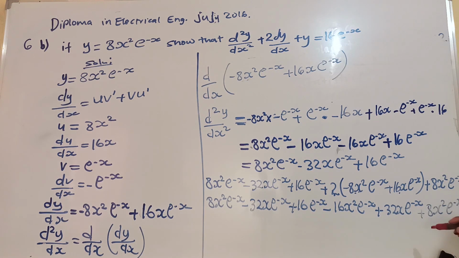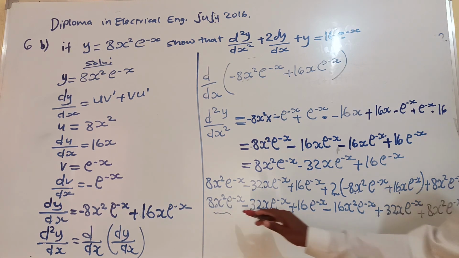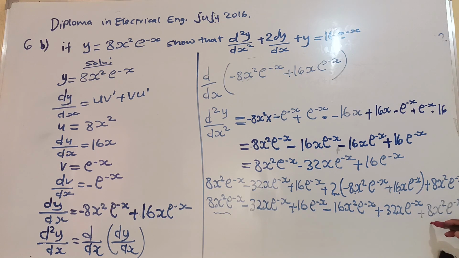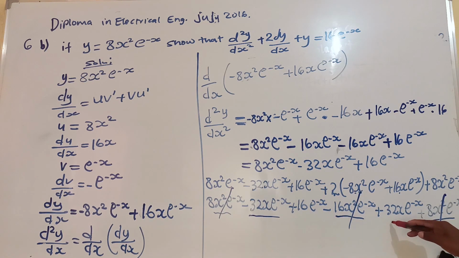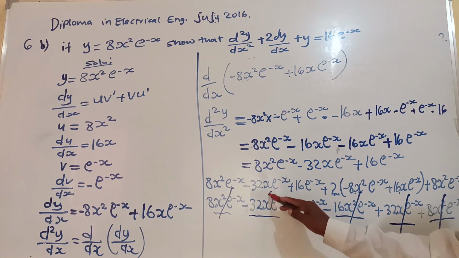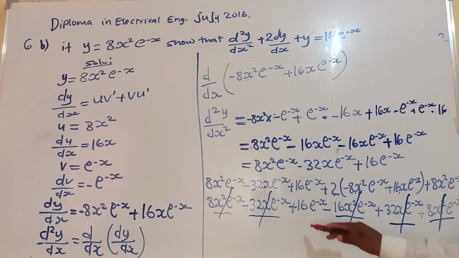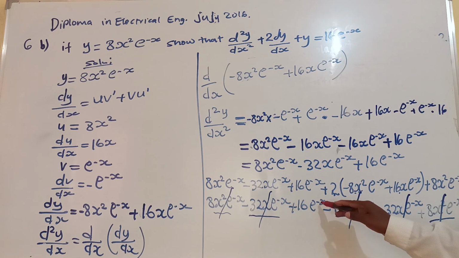If you look at this one, here you have 8 terms. Here you have 16. So that one together with this one will cancel out this one. Here you have negative 32, positive 32. So this one will cancel out that one. So we are only left with 16 exponential negative x.